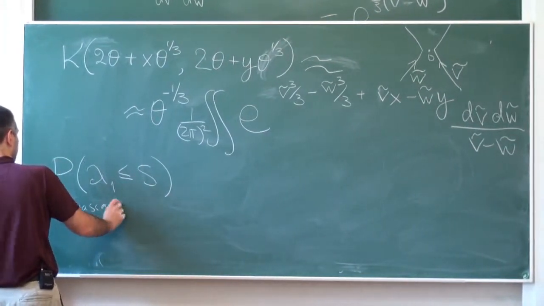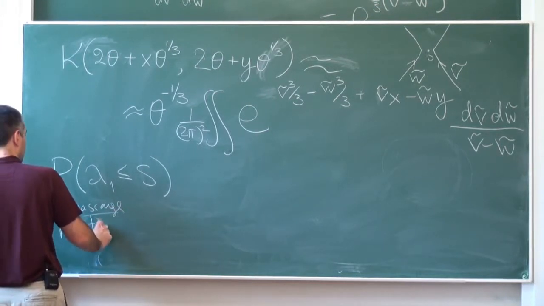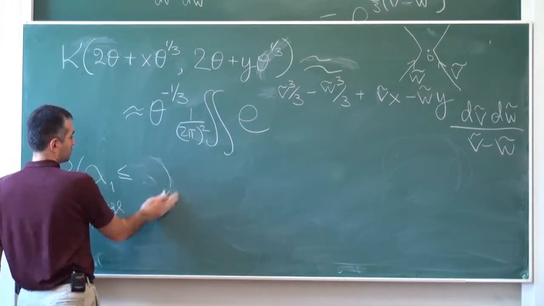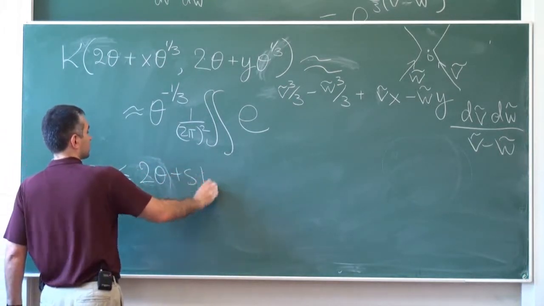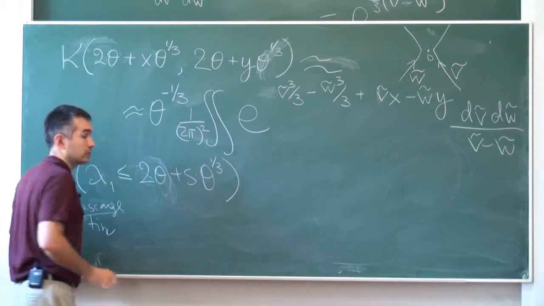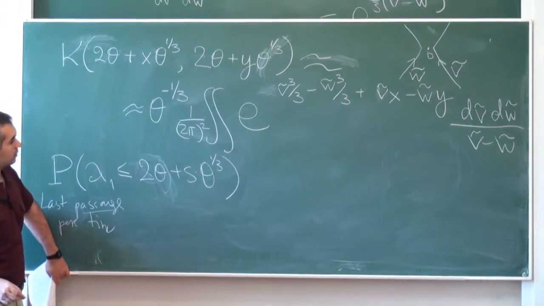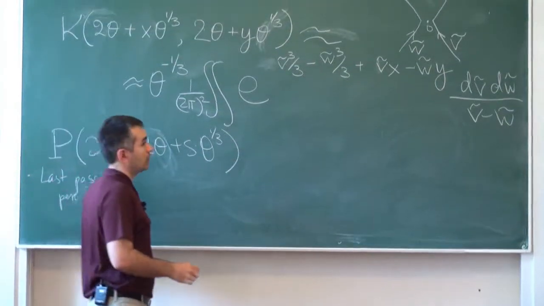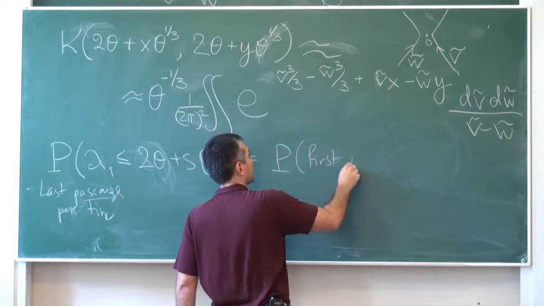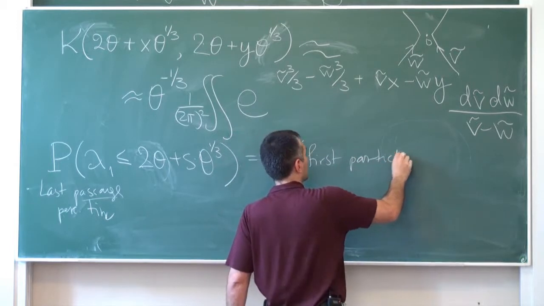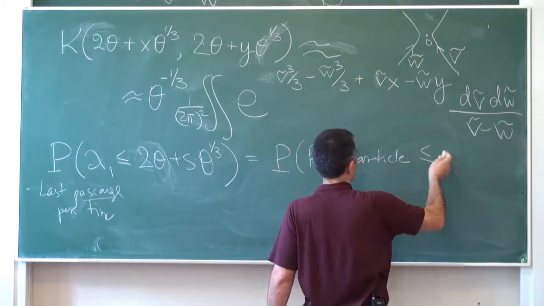This something is better to take of the form 2 theta plus s times theta to the 1/3. So this is the probability that the first particle is less or equal than that.